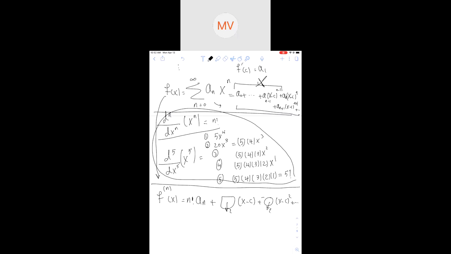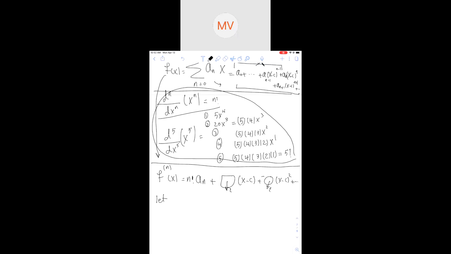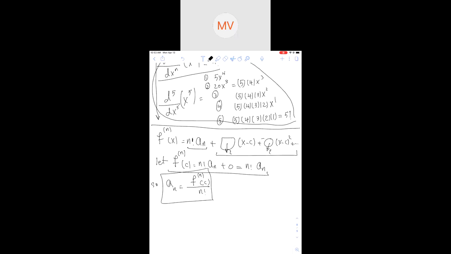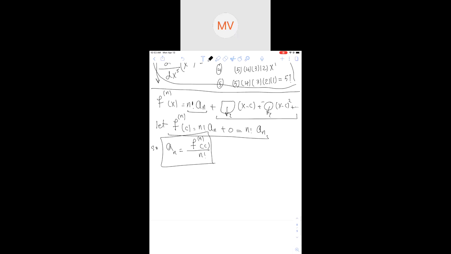What we care is that when we let x equal c, this is the constant n factorial a sub n, plus what's the value of those guys when x equals c? It's 0. So this is nothing but n factorial a sub n. Now out of this equation, solve for a sub n. All you have to do is divide by n factorial. So a sub n is the nth derivative of f evaluated at c divided by n factorial. That was the formula I was trying to prove to you.